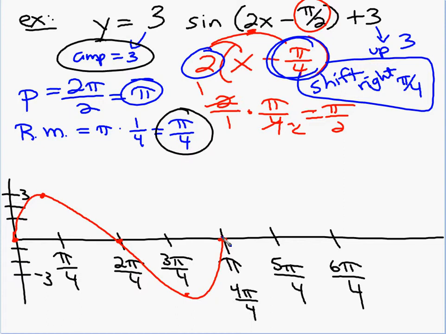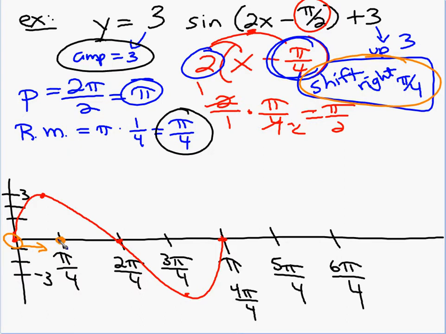Now I need to shift this thing right pi fourths. So how does that work? I take every point and move it to the right pi fourths. So this point right here is going to go to the right pi fourths to right here.